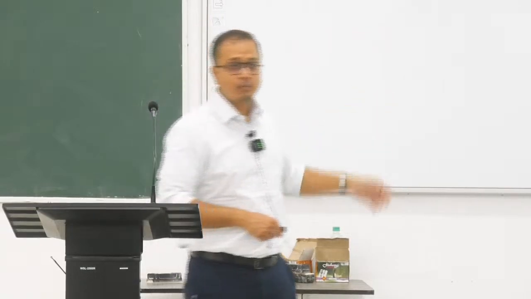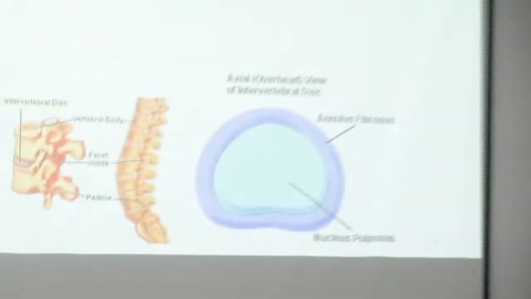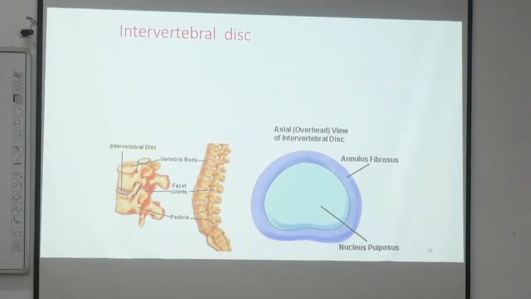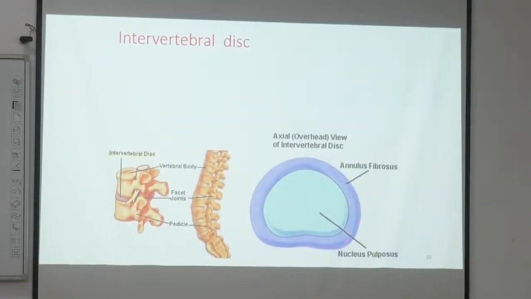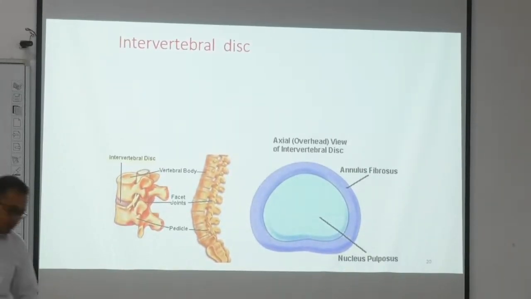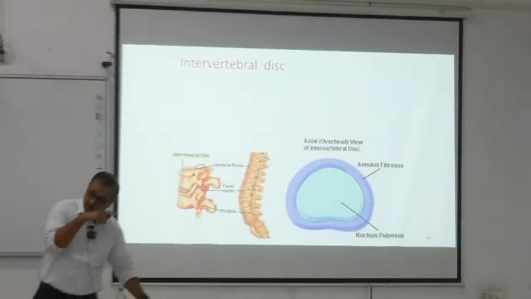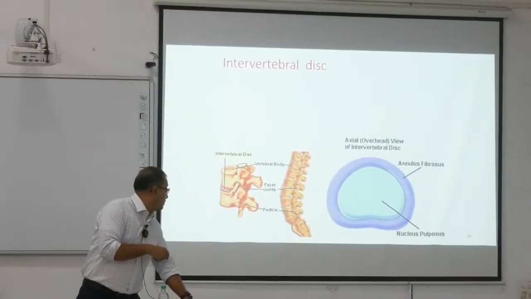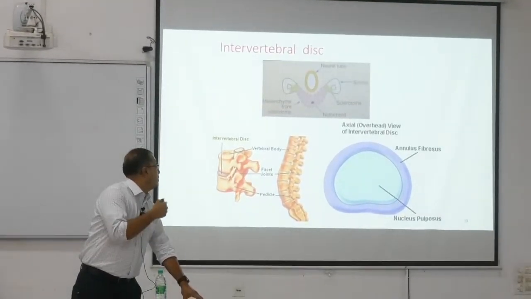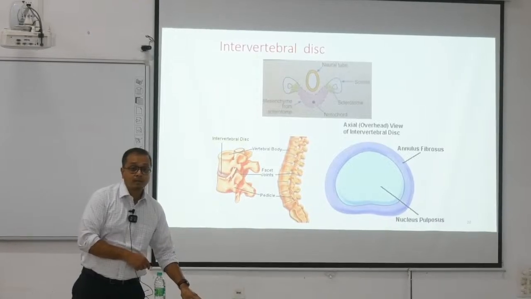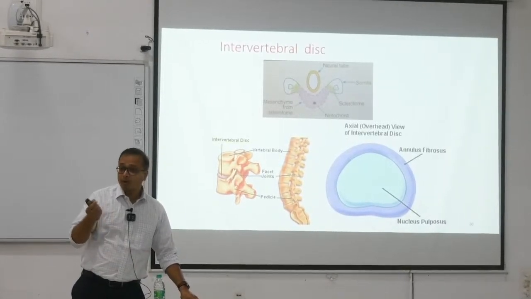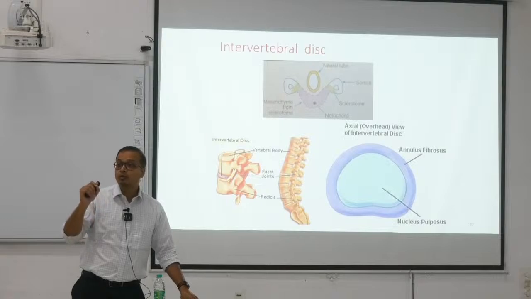The central part is contributed by notochord tissue, and the rest of the notochord gets absorbed, and surrounding the nucleus pulposus we have the annulus fibrosus. That element makes the outer rim of the intervertebral disc.